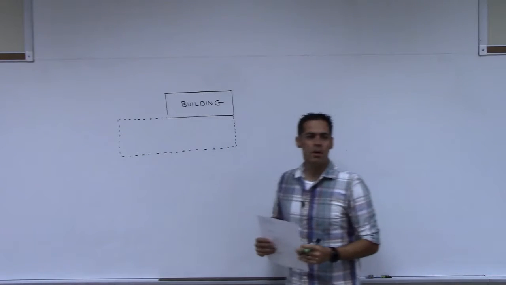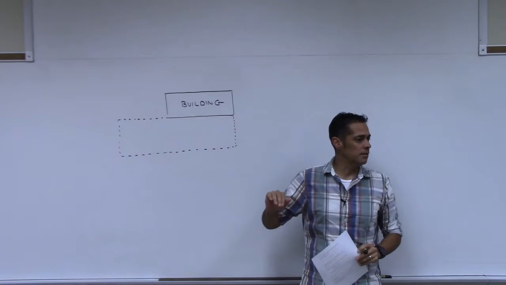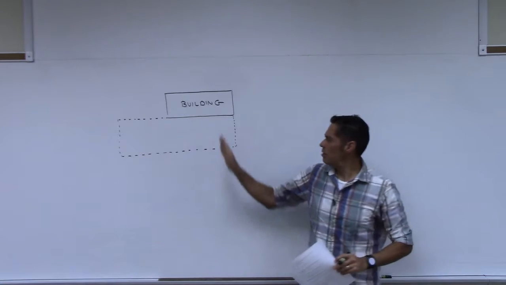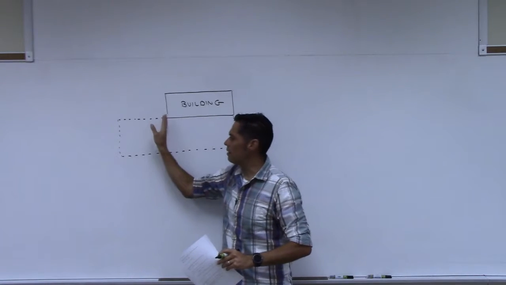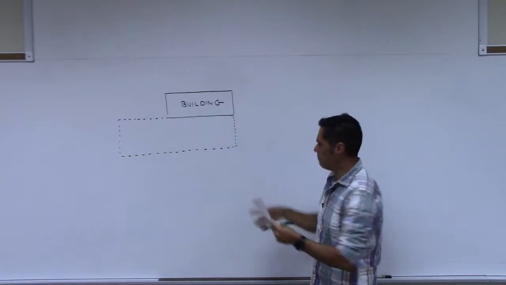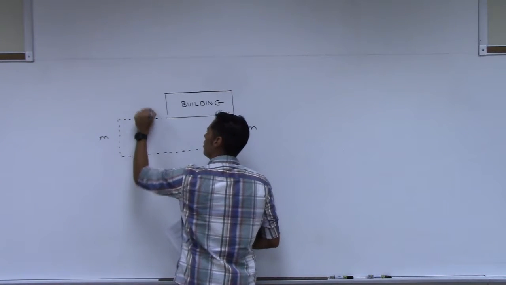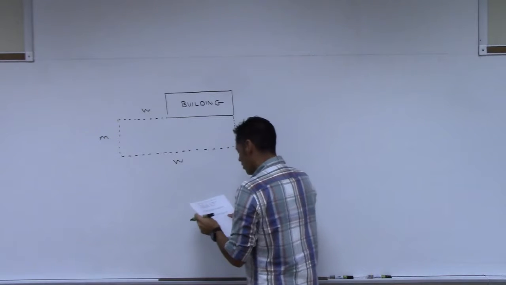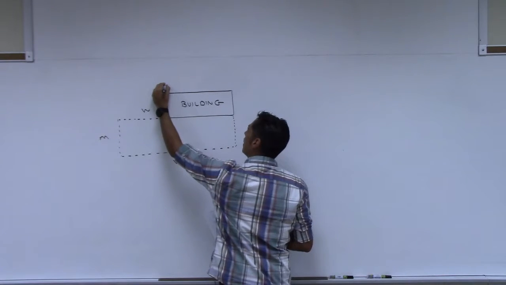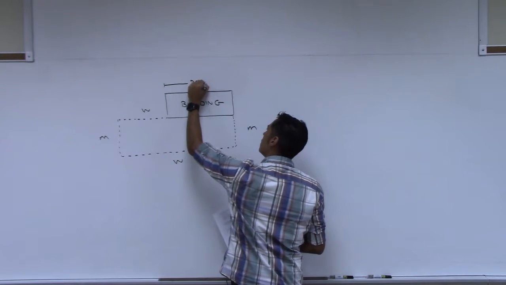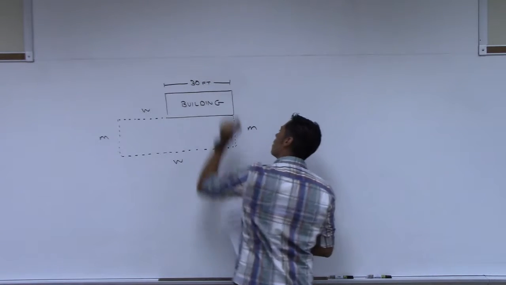You do not need to put fence up against the building. Does that make sense? So you only need fence here, here, here, and here. This side has to be metal, metal, wood, and wood. And you're also given that the length of the building is 30 feet. All right?